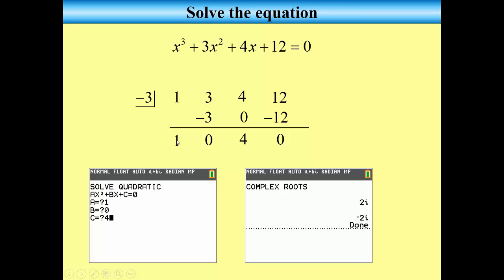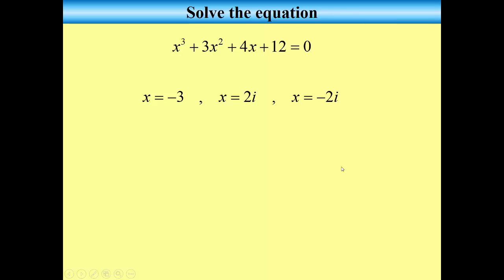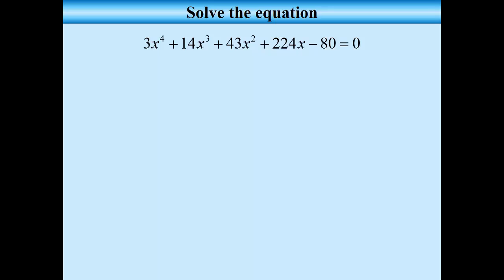And so the 1 is 1x squared plus 0x plus 4. We'll run our quadratic formula program with the 1, 0, and 4 for A, B, and C. And this is the other 2 answers. So here are the 3 answers. That's how we solve the polynomial equations.